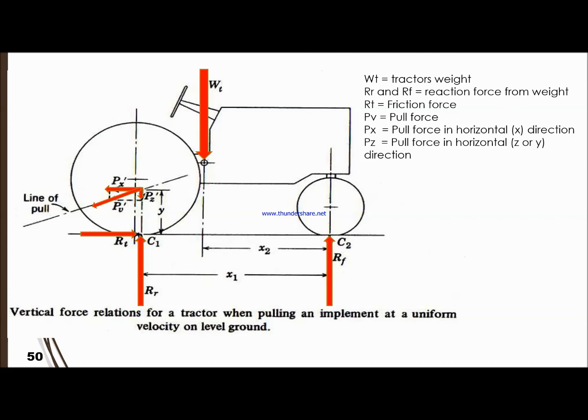So the relationship in terms of the vertical force. While pulling the implements, this figure just wants to give you some background on the engineering aspect, what we are actually concerned about, the draft force. Behind it we have a line of pull. So we have a PV and it breaks into PS and PZ, the direction of the force, and RT is the friction from the soil.